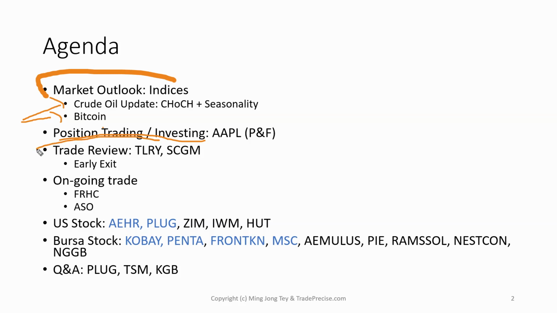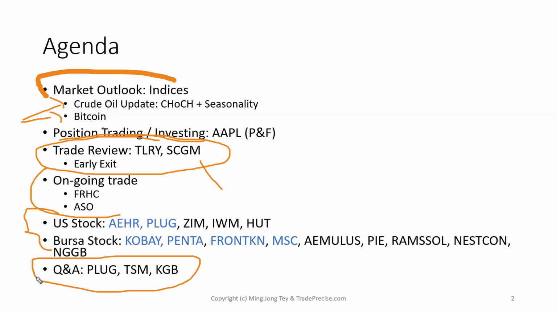I will also be reviewing my trades on TLRY and the Malaysia stocks, SCGM, and the ongoing trade here. Then I will run through the UX and the Bursa stocks. Eventually, there will be some Q&A which I have received already, plus some of the ad hoc questions that you might be asking.